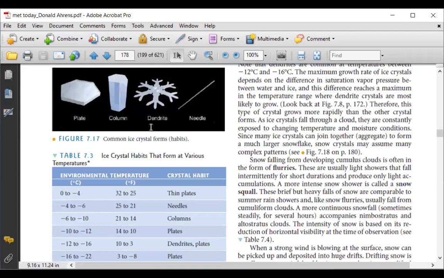Now there are two questions. One is why dendrite is the most common form, and another question, also very interesting, is whether it is possible to have snow if the ground temperature is more than the freezing condition.